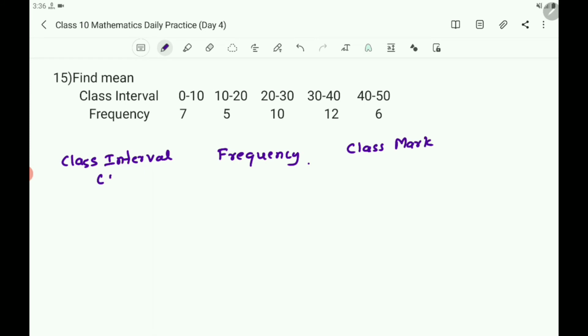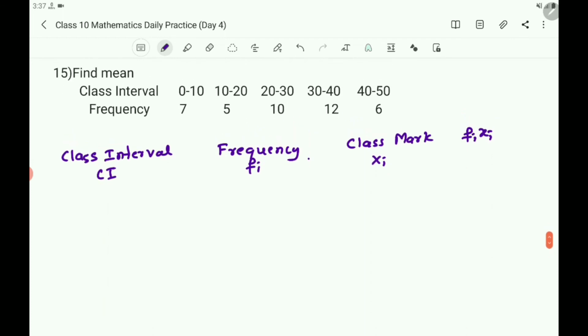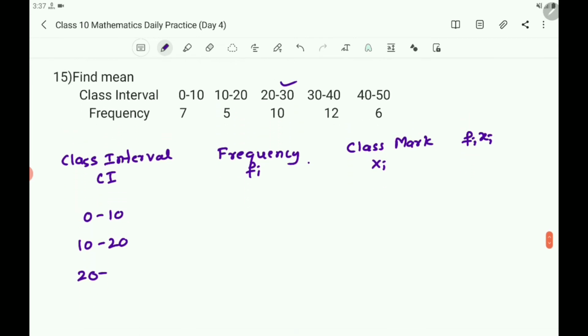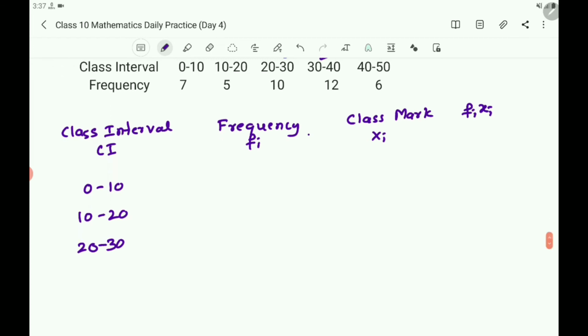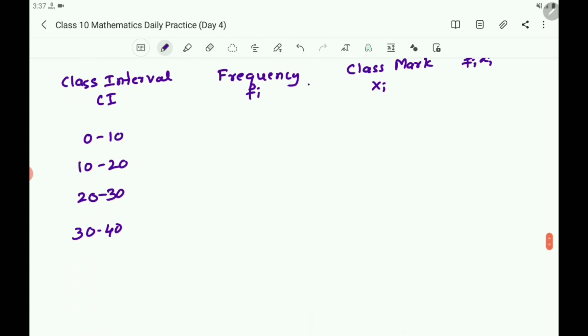So you know that this is Ci, this is Fi, and this is Xi. Next we have to get Fi into Xi. Now you take the class intervals 0 to 10, 10 to 20, 20 to 30, next 30 to 40, 40 to 50. The last class interval is 40 to 50.